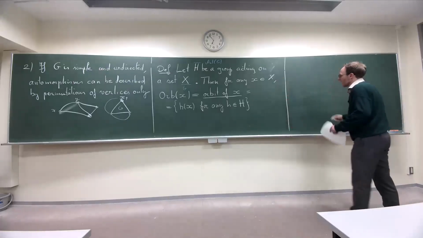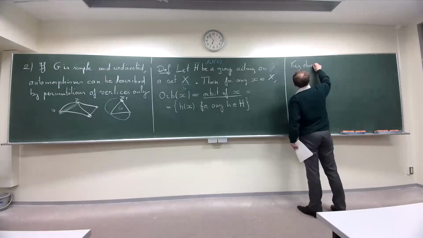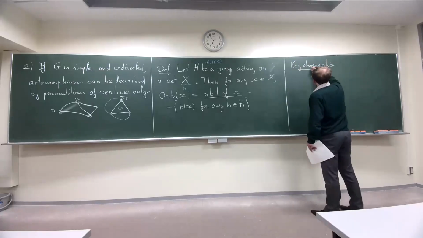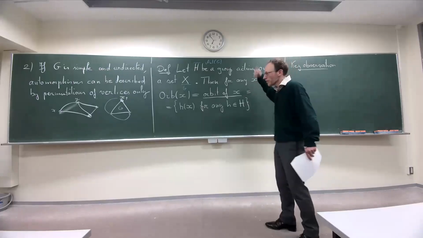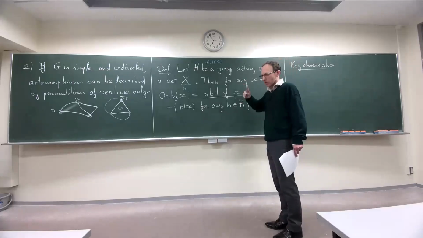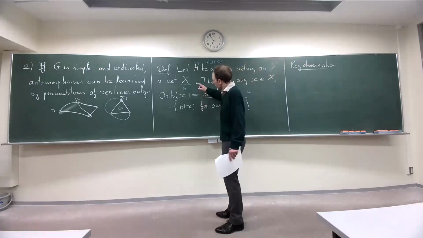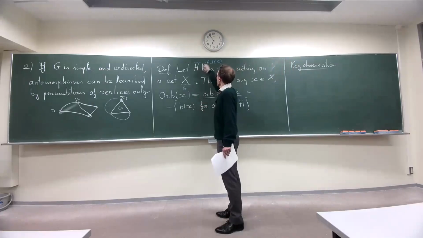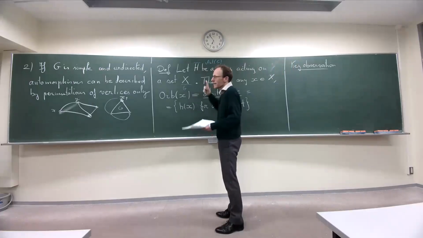Okay. And what is the key observation? Yes, in particular H, they are a pair of functions, right? In the previous example, yes. But here I'm just doing it more generally. So you're right. If X is a graph, if H is a group of automorphisms, each element of this is a pair of functions.